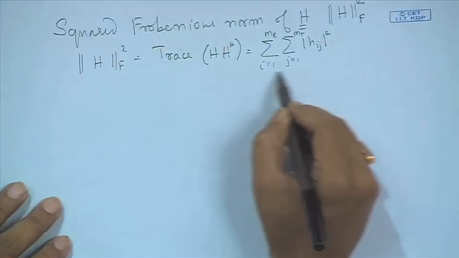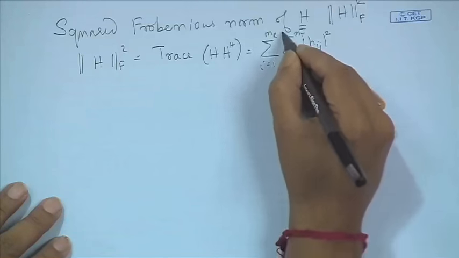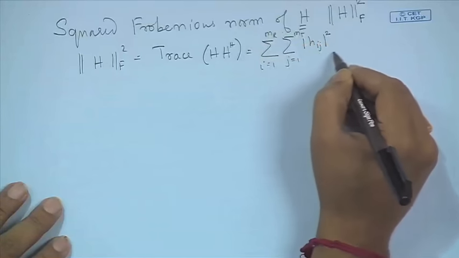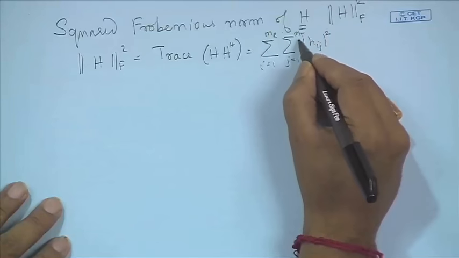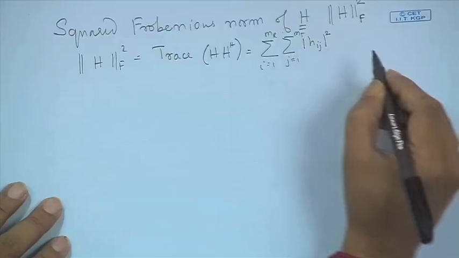So if you take a look at this, j is going from 1 to mt, i is going from 1 to mr, and we have hij. That means we are covering all the channel coefficients. And hij squared is basically the strength of the ij component.